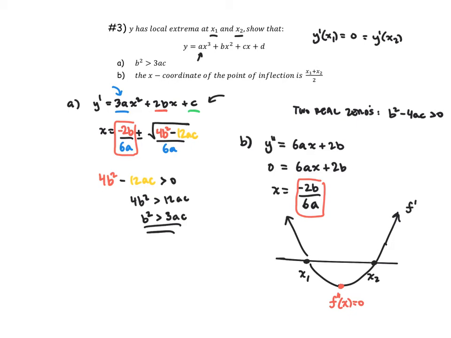Or potentially, let's say a were, I don't know, negative. Same thing. In this case, it does not matter whether a is greater than 0 or less than 0. But I know that this value, whatever this is, its second derivative is equal to 0 and changes sign from either negative to positive or positive to negative.